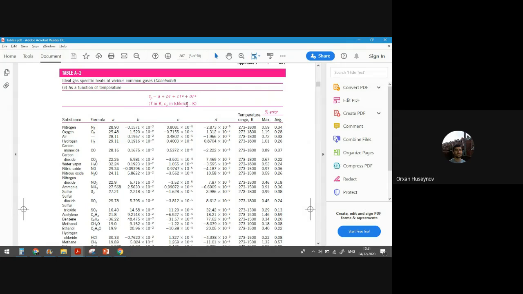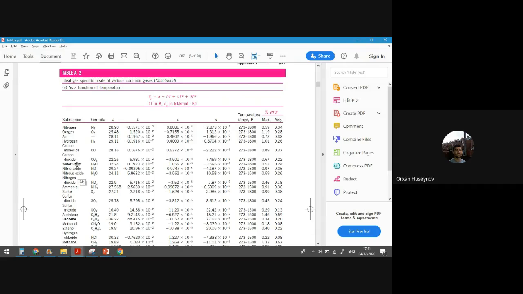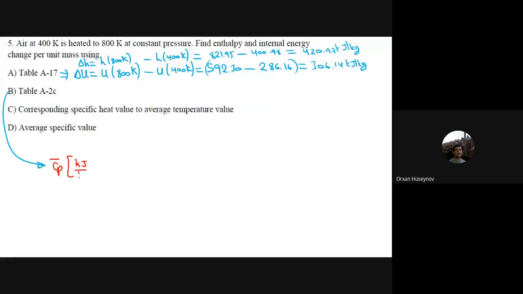At the end, we should convert, so let me write table A2C here. For that table, Cp over bar means that you have a unit of per kilomole Kelvin. What you can do is multiply it with the inverse of the molar mass.